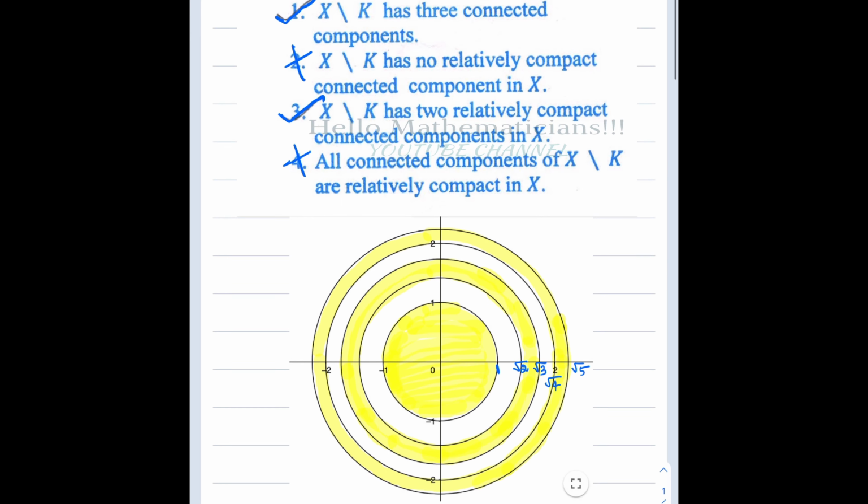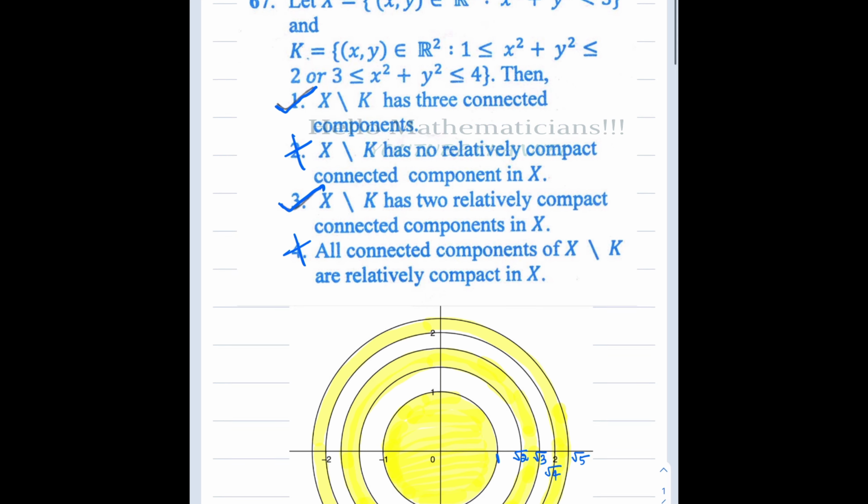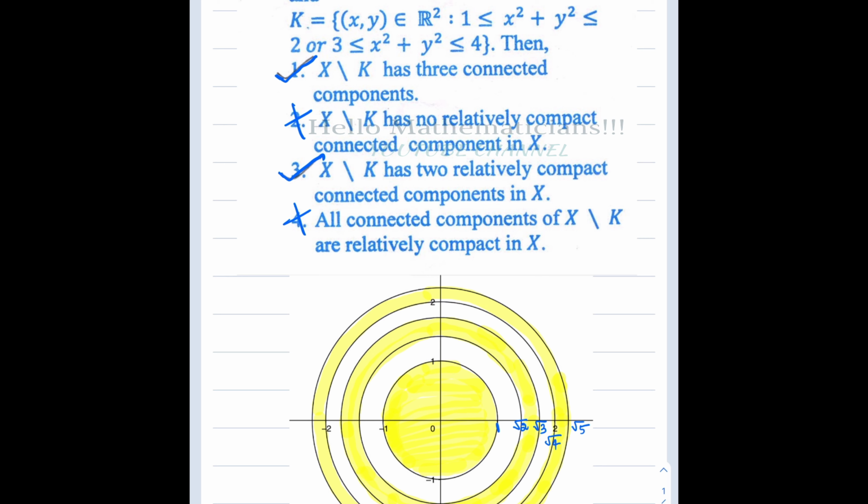So you draw a circle of radius 1 and a circle of radius root 2, and the region is any point lying between them.